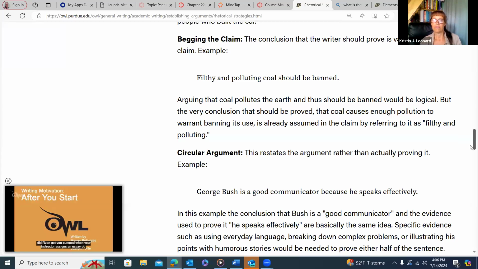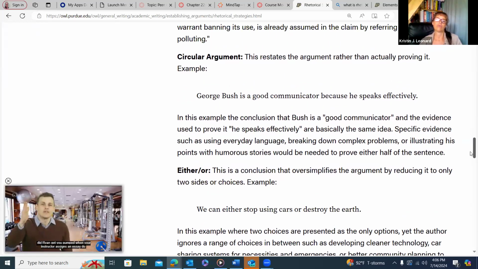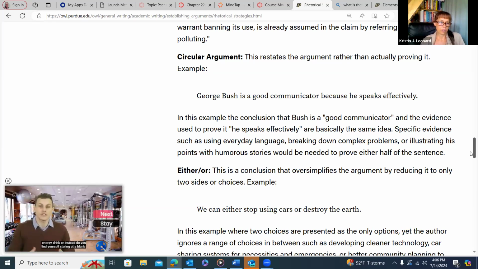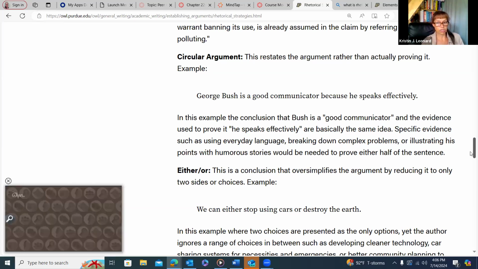Circular argument. This restates the argument rather than actually proving it. Example: George Bush is a good communicator because he speaks effectively. In this example, the conclusion that Bush is a good communicator and the evidence used to prove it, he speaks effectively, are the same idea. It's circular.